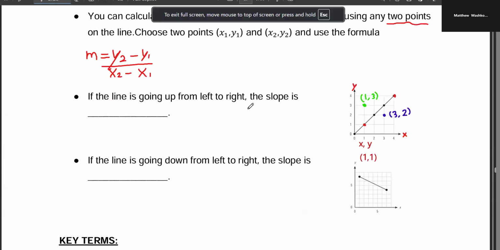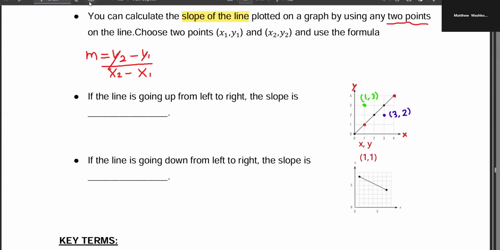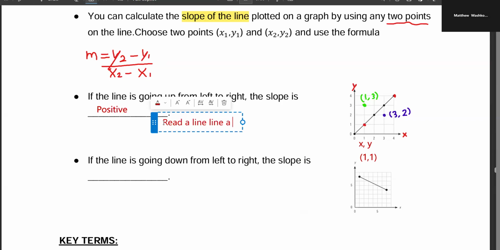Bigger. Here we go. So if a line is going up, it is positive. If it goes up from left to right, as you can see here, the slope is positive. You read a line like a book, right? I read the words in a book from left to right.